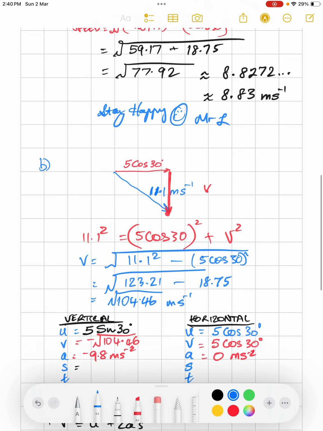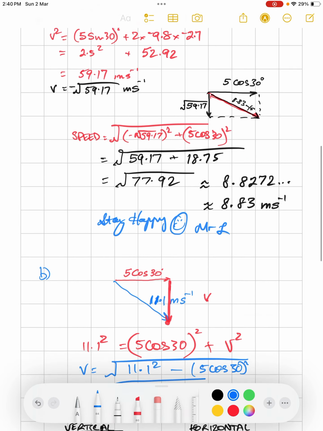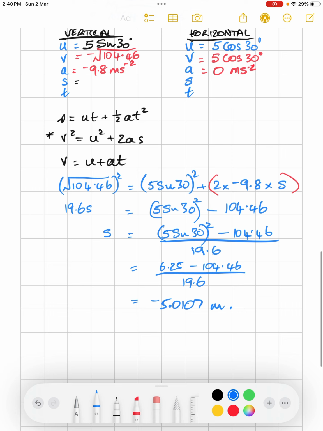So we are how far above the water? Well, if it's 5.01 meters below the launch pad, and it's 6 meters to the water, therefore it is only 0.99 meters above the water.